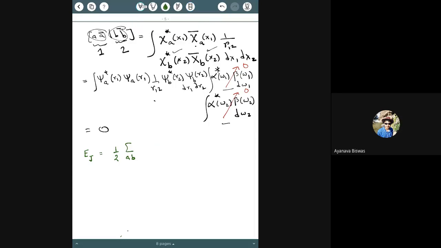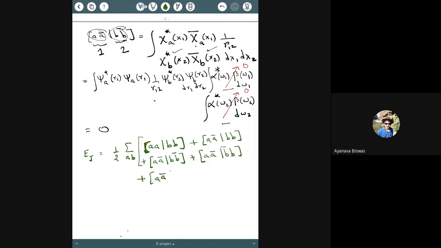We have AABB plus A bar A BB. So if I would have written all possibilities, AA bar BB bar plus AA bar B bar B plus AA bar B bar B bar.